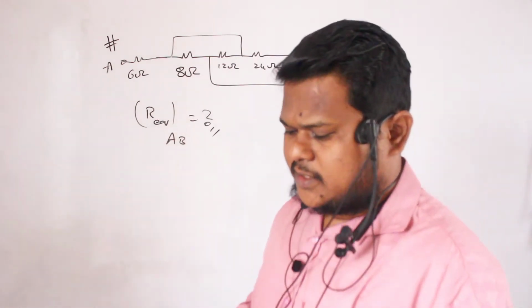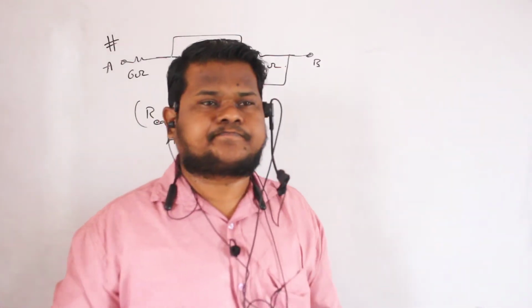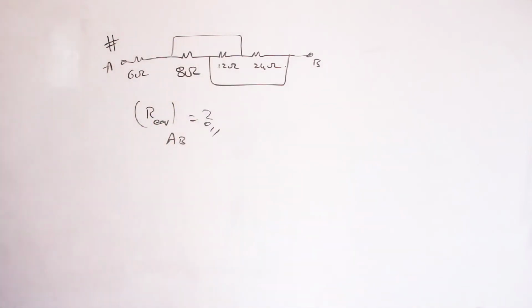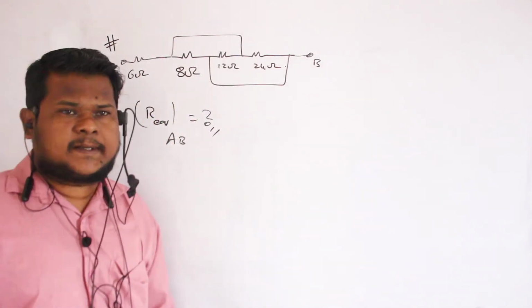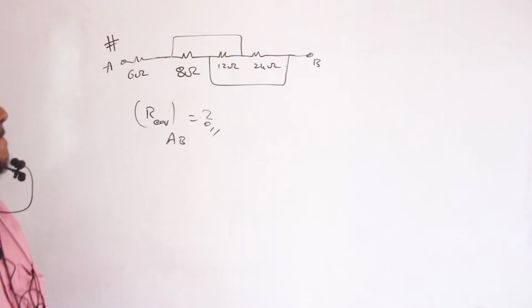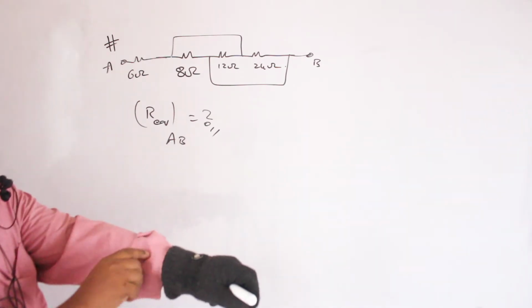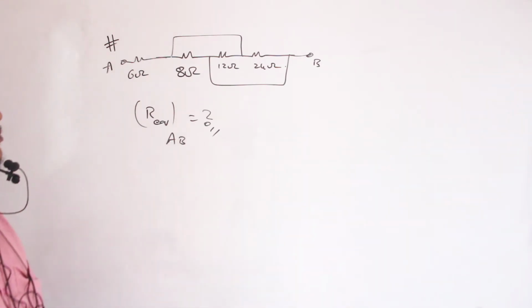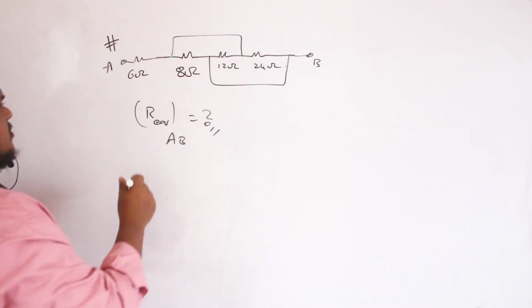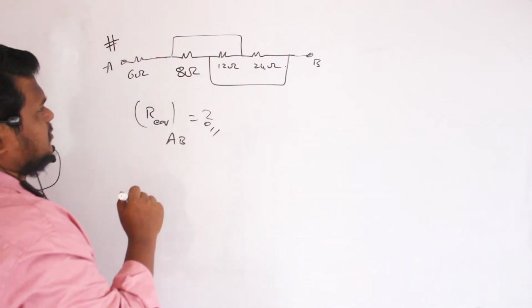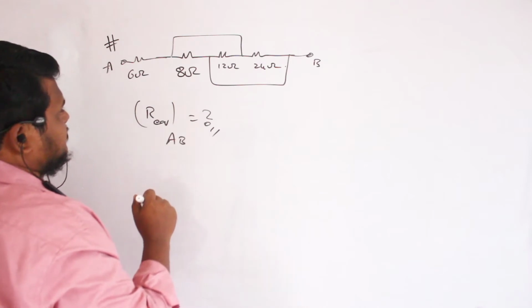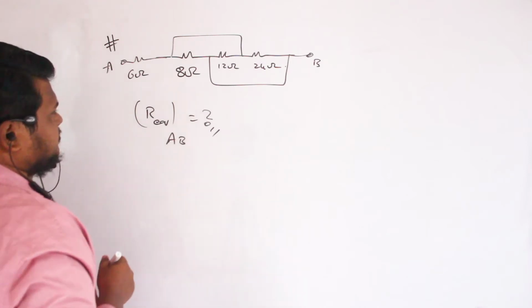Very good. How can you say they are in parallel connection? How can you say they are in parallel connection? How can you say they are in parallel connection? See. Yes. That's all.